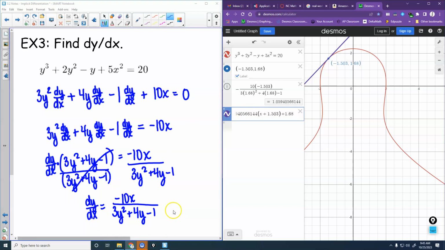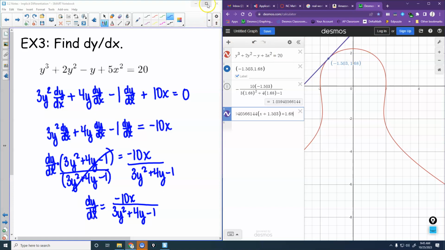So this right here gives me the slope of the tangent line to this curve at any point, but I have to plug an x and a y coordinate in. I have to have both for that because for everything else, we only needed the x coordinate. We could do a tangent line just with our x coordinate because our derivative only had x's in it, right? But we'll have to have x and y coordinates for these.